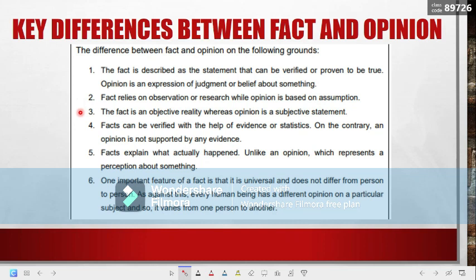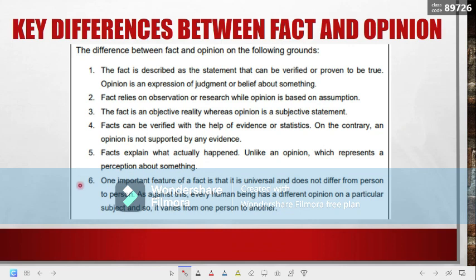The fact is an objective reality, whereas opinion is a subjective statement. Number 4. Facts can be verified with the help of evidence or statistics. On the contrary, an opinion is not supported by any evidence. Number 5. Facts explain what actually happened, unlike an opinion, which represents a perception about something.